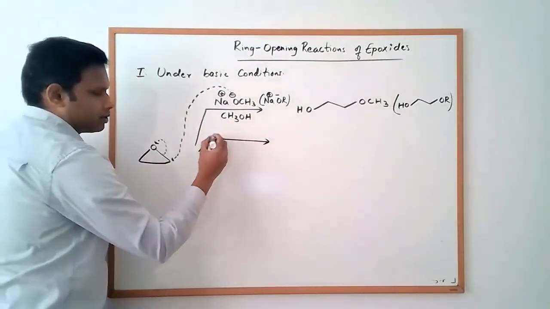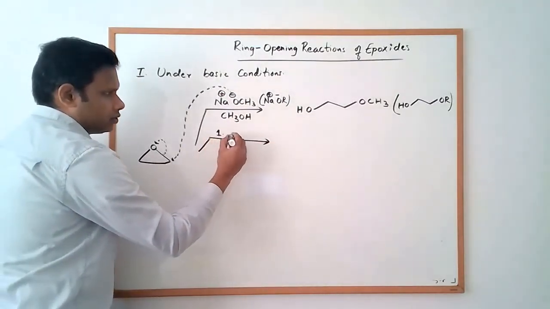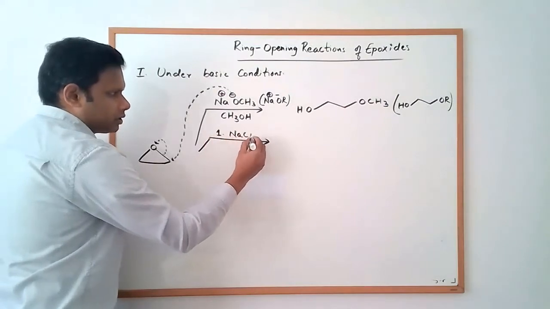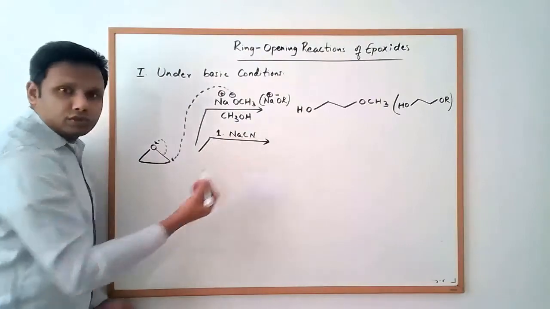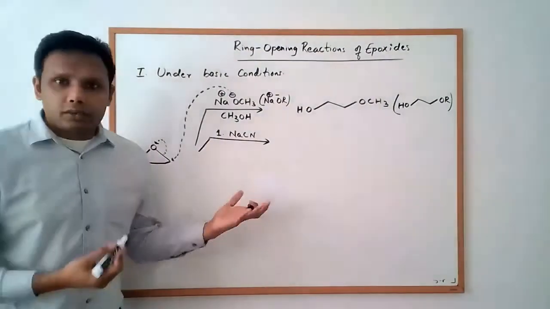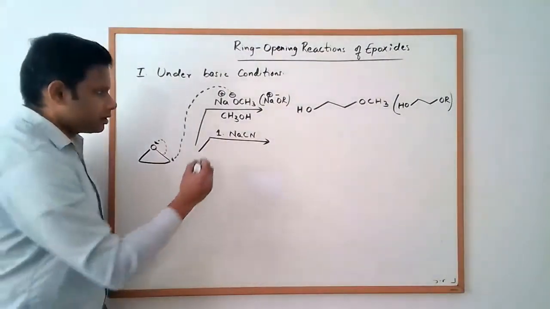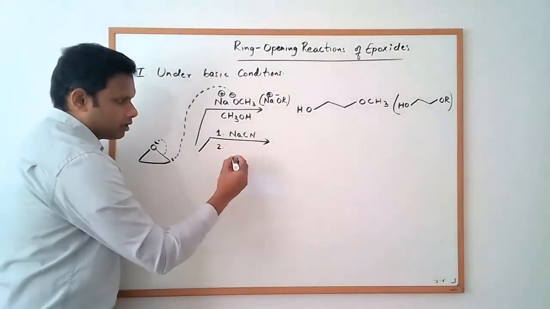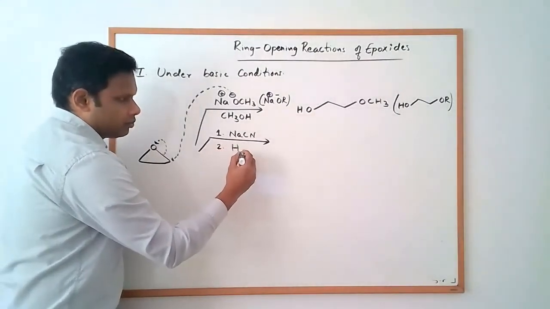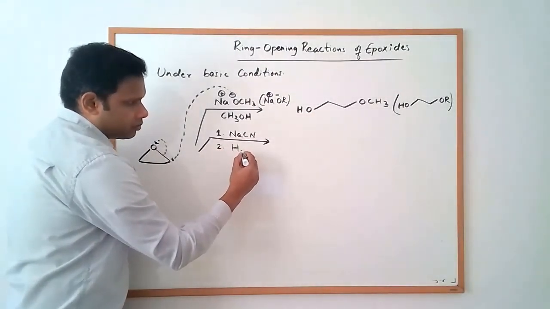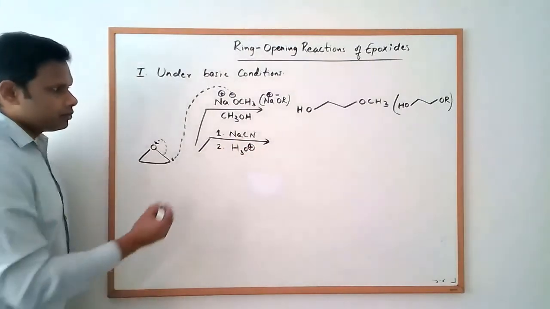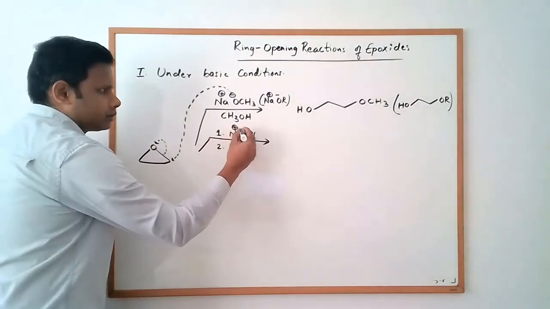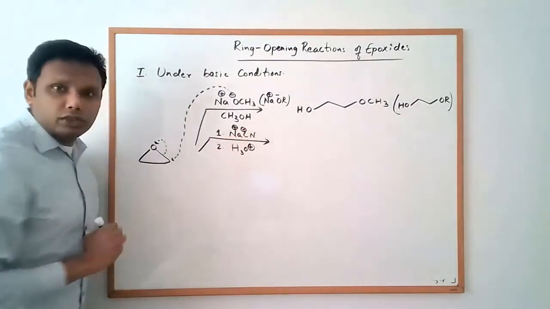You could imagine reacting this with sodium cyanide, let's say. Sodium cyanide. I'm just choosing another example for a nucleophile here. Okay, sodium cyanide, and follow this up with a water workup or an acidic workup. So we have sodium cyanide. That's the nucleophile.